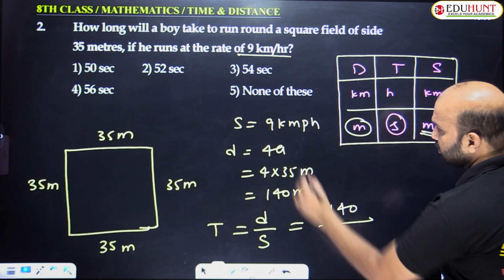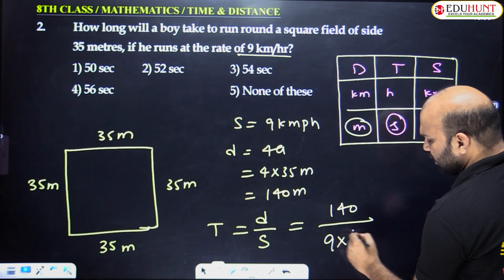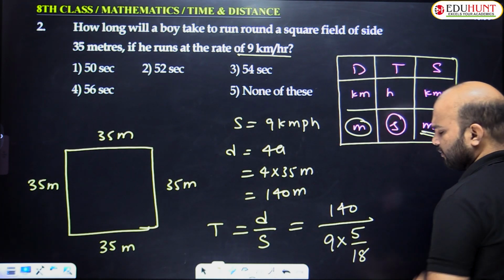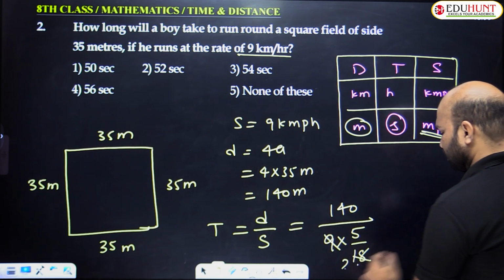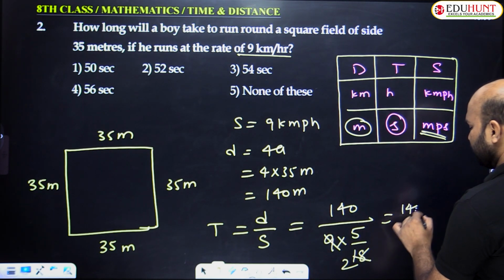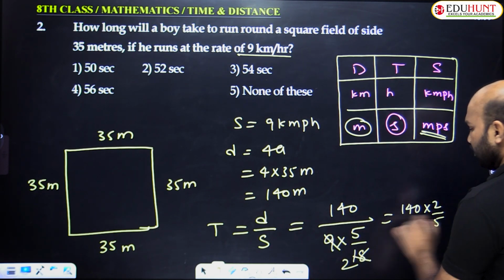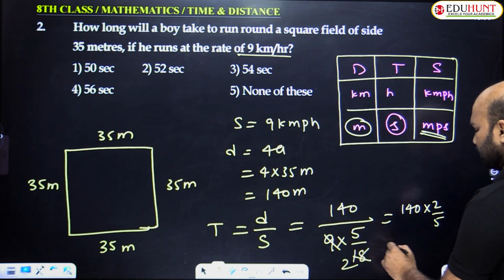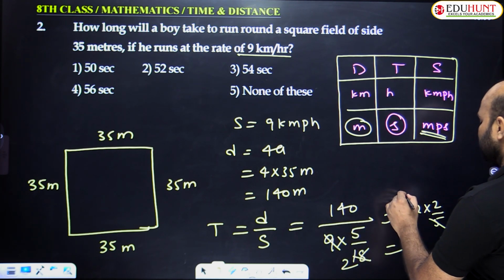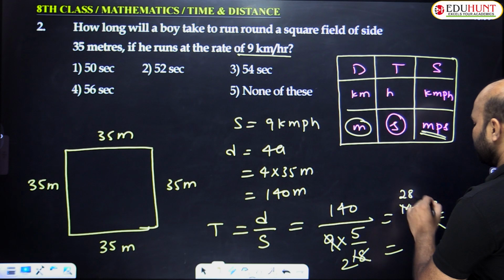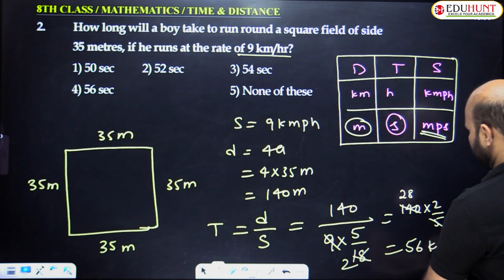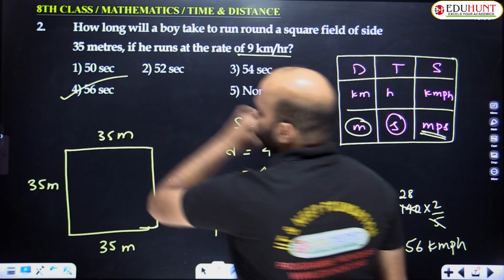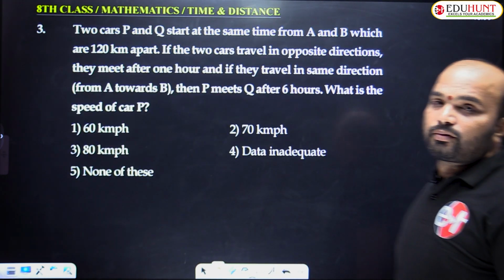So 9 km per hour is converted into meters per second by multiplying by 5 by 18, and finally we get the answer in seconds. 9 ones are 9, 9 twos are 18; it can be written as 140 into 2 by 5, since dividing by 5 by 2 means multiplying by 2 by 5. 5 ones are 5, 5 twos are 10, 5 eights are 40, 28 twos are 56. That is the required answer. Option 4 is the right answer. Am I clear?